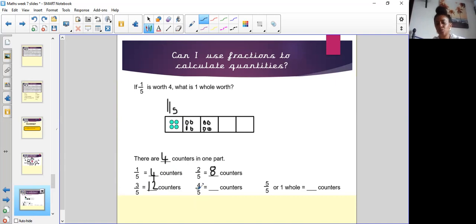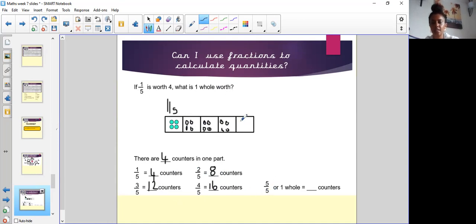Sorry, guys. Let's go to 4/5. So now we're going to find out what 4/5 is. How many do we need to put in here? So we need to put 1, 2, 3, 4. So now we've got 12 counters, 13, 14, 15, 16. So we are actually trying to find out what 1 whole is worth.